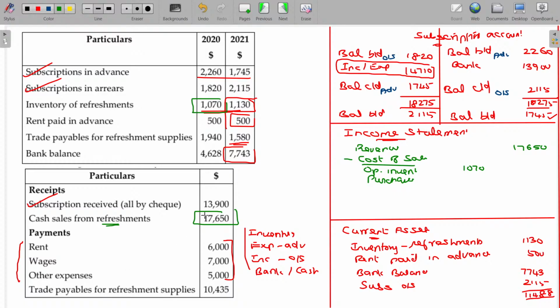If you don't have the purchases information, then you can prepare a refreshment account, like a small inventory account. Here the opening balance should be here and the closing balance should be here, brought down and carried down. If the value increases, it should be posted here; if it is decreasing, it should be posted here. In case of refreshment, new purchases will increase it, and in case of cost of sales, it will decrease it. That's the logic.